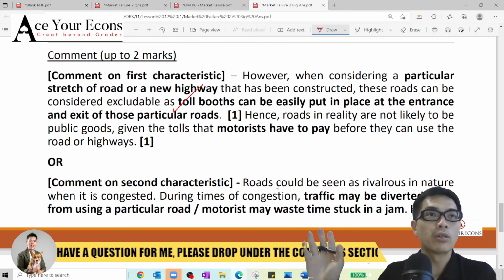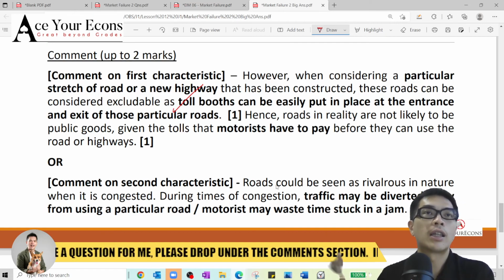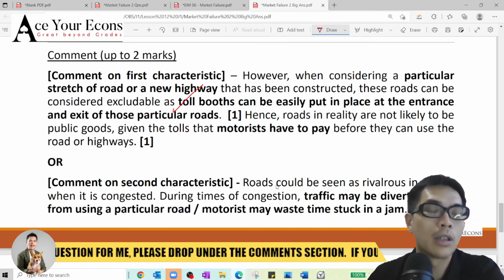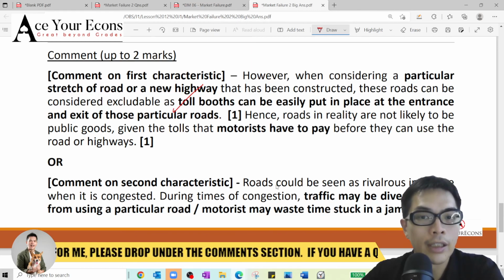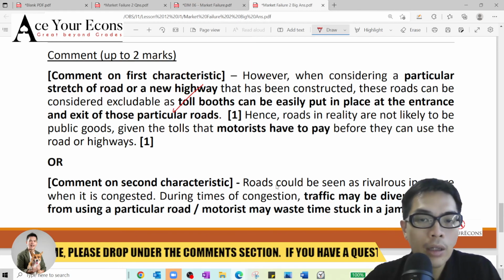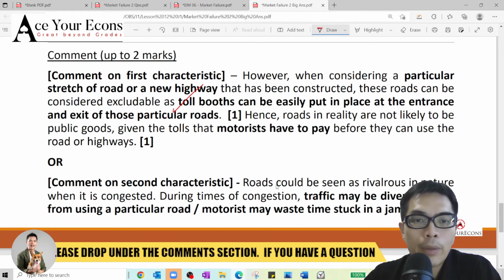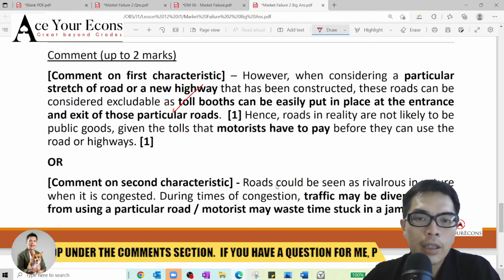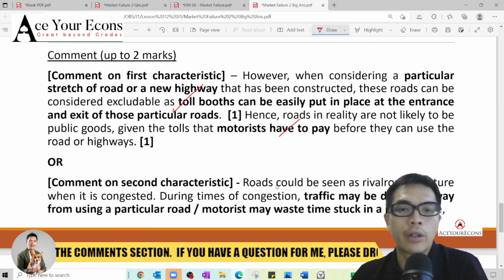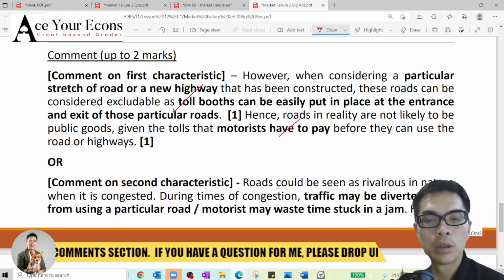If you don't pay, you'll get a fine, you get a ticket. That is also excludable. Therefore, when you put toll booths in place, this is going to make motorists pay for the usage of the road. Therefore, it's going to be excludable.